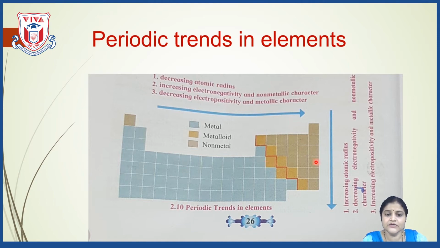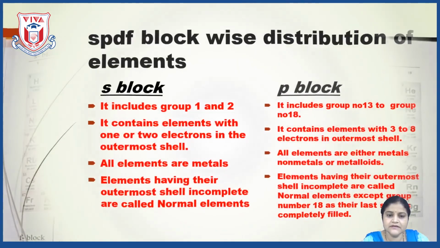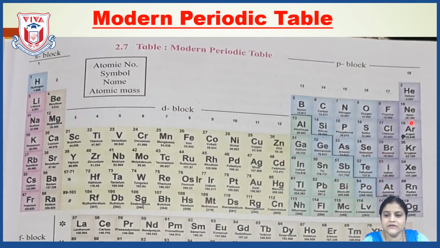Now coming to the last part of the lesson, that is about the halogens. Here you can see that the halogens are having a special group 17. That is, gradation can be seen in fluorine, chlorine, bromine, iodine and all.